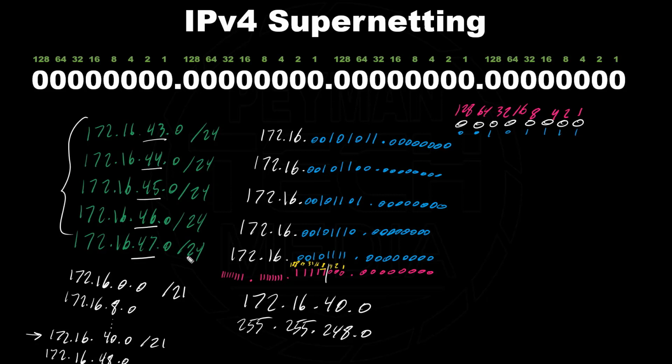What was the first step? Writing down the octets that are not the same, converting into the binary, and then counting how many bits are exactly the same on all of them, and then draw a cut line after that, all zeros. That will be our new subnet mask. Or we can see the CIDR notation, in this case 21. If we count all the ones, that's 21 ones, which again, this will give us the subnet mask of 255.255.248.0.